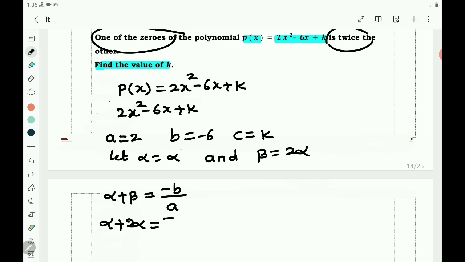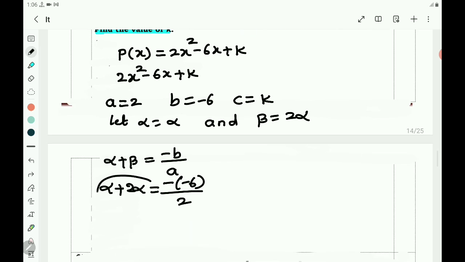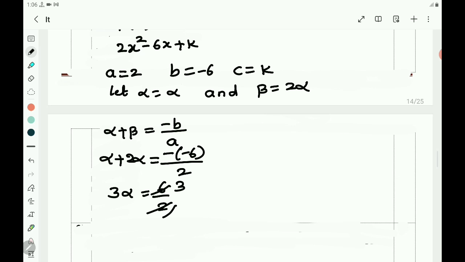Minus b means minus of minus 6 by a. A is 2. Then alpha plus 2 alpha is 3 alpha equals minus of minus 6 is 6 by 2. 2 ones are 2, 2 threes are 6. You got 3 alpha is equals to 3.